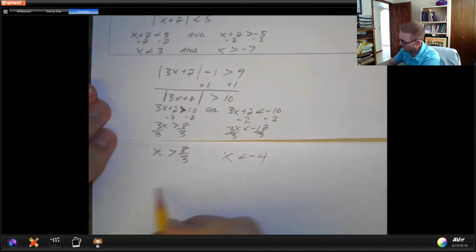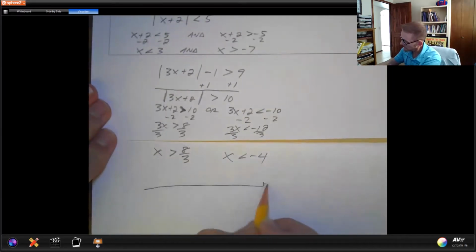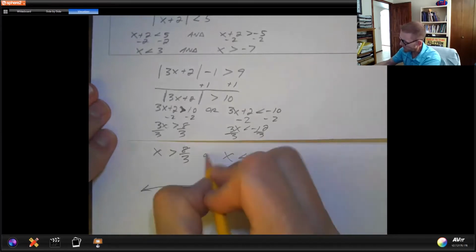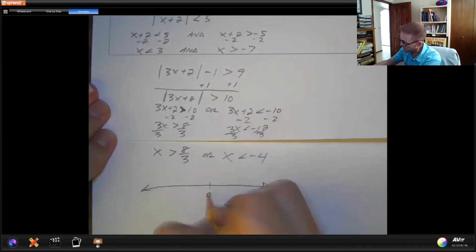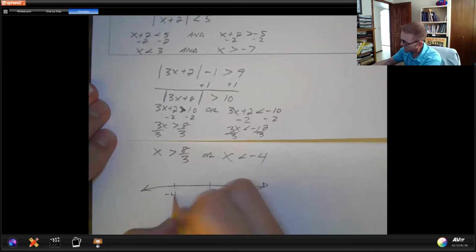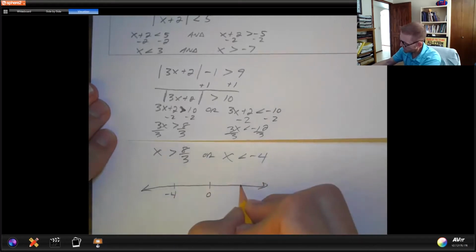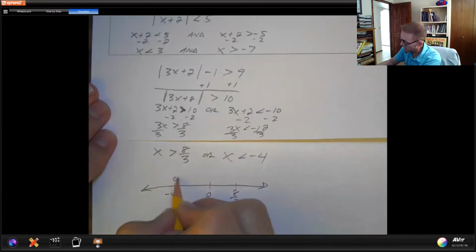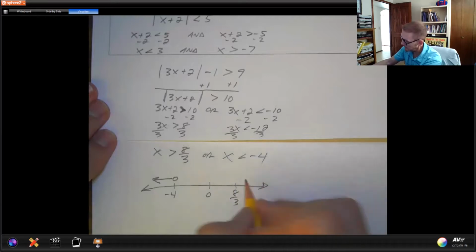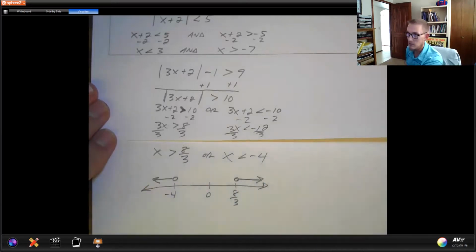So I'm going to graph this. We're going to remember that it's an OR. Here's my 0. Here's my -4. Here's my positive 8/3. I have an open dot at -4 and an arrow to the left because x is less than. And I have an open dot at 8/3 and an arrow to the right because x is greater than.